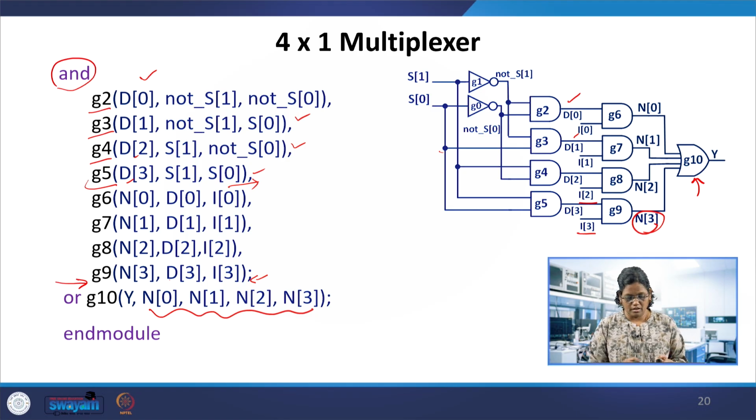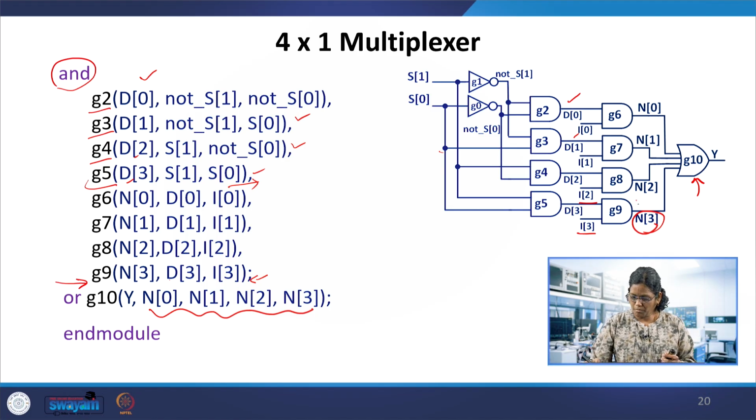So in this example, single-bit inputs are combined into S of 0, S of 1, the select lines, and I, the input, is combined as 1, 2, 3. It is possible to combine all the select lines and inputs as 6 bits, and we have to correctly identify which one we are using as inputs in the declaration and instantiation. That's the only thing.